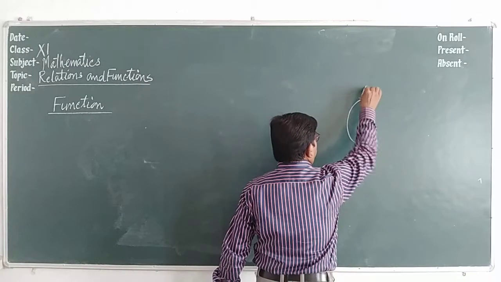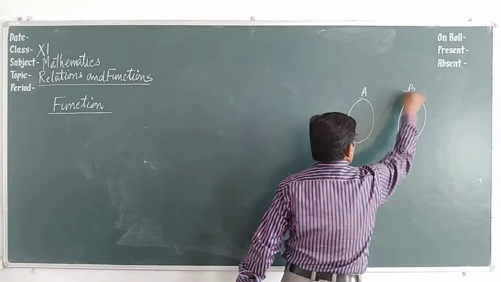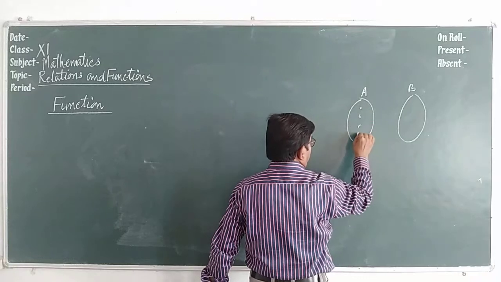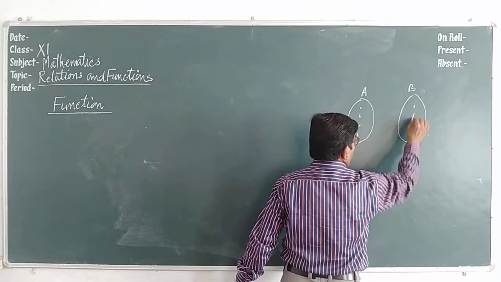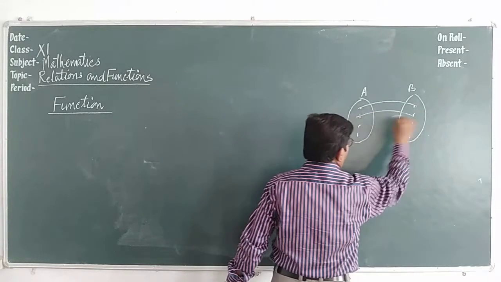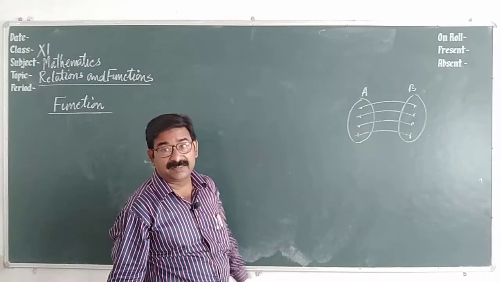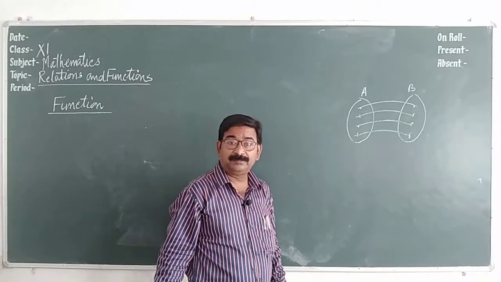This is suppose a set A and again a set B. We have some elements in this one, some elements in this one, and each and every element of first set is having image in second set. Got it?